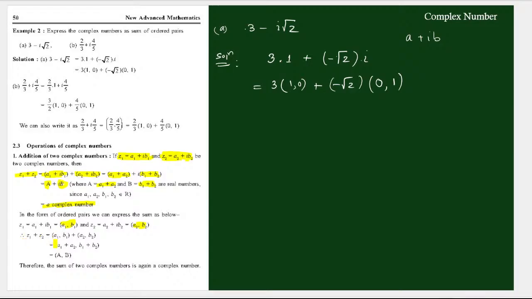So Z1 plus Z2, it will give us the real one, A1 plus A2 and B1 plus B2, the imaginary part, and capital A, capital B. So the sum of two complex number is again a complex number.